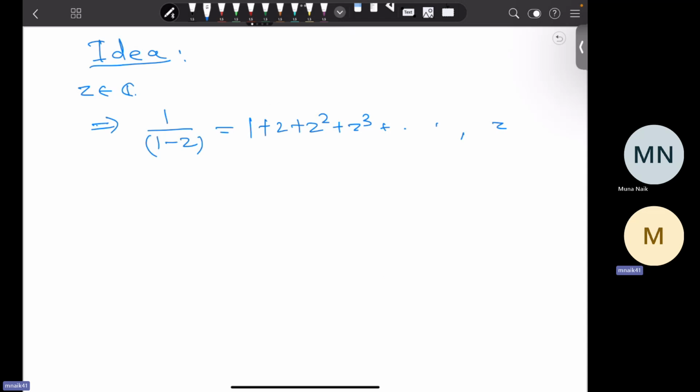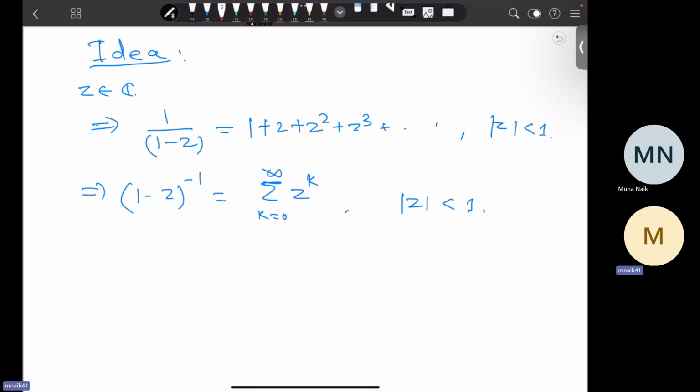And this right hand side is convergent for mod Z less than 1. So I can write 1 minus Z inverse is equal to 1 plus Z plus Z square and so on, the sum of Z to the power K, K equal to 0 to infinity.